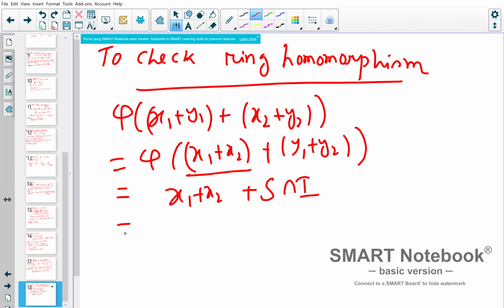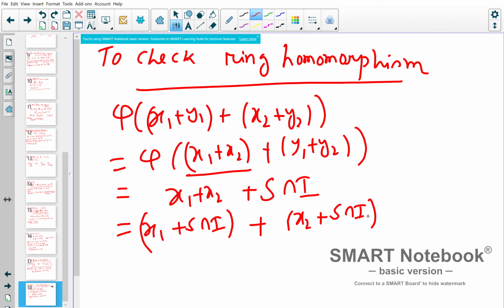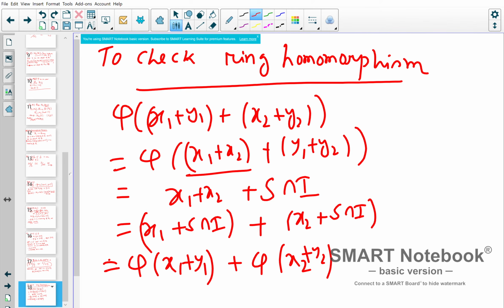But we know that this is nothing but x1 ∩ I plus x2 of S ∩ I. Okay, and thus it is equal to phi of x1 plus y1 plus phi of x2 plus y2. Yeah, so this is simple, right?